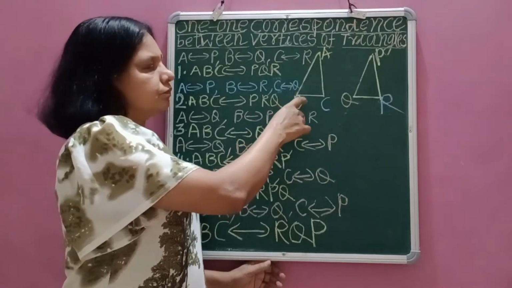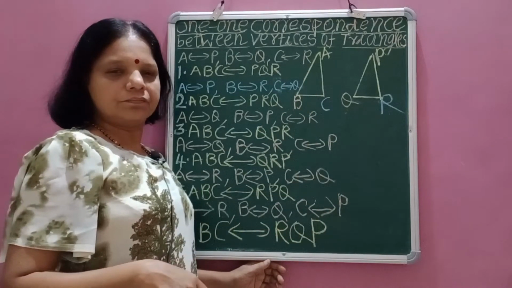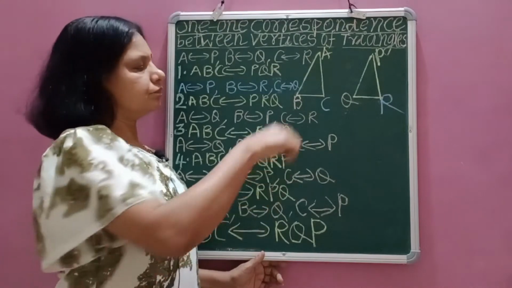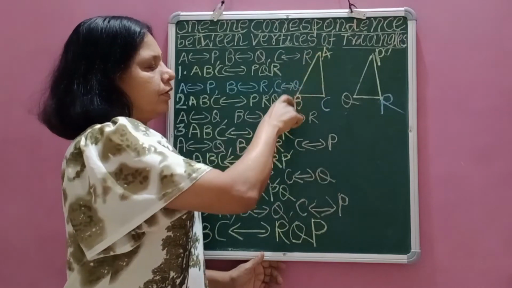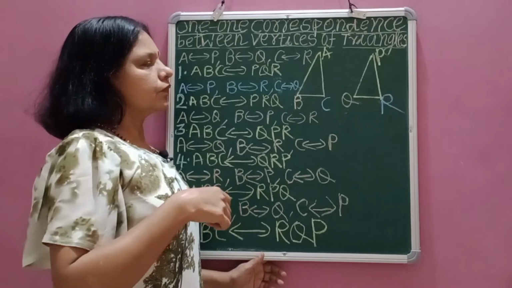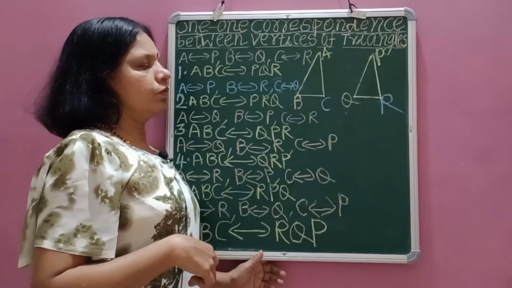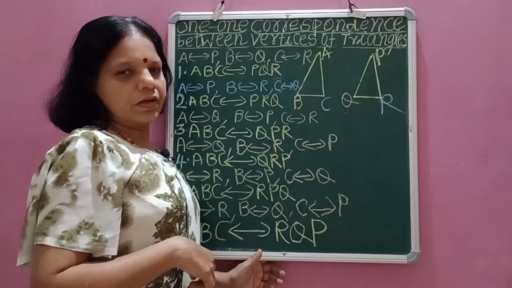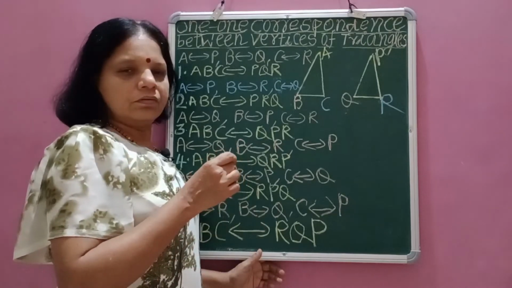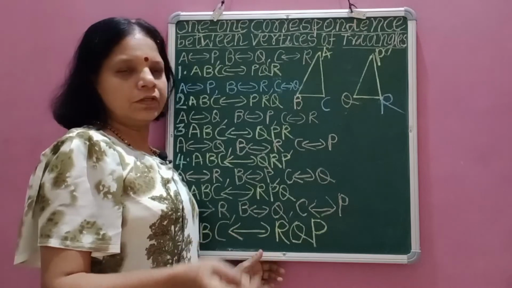For example, there is a triangle ABC and triangle PQR. The vertices of triangle ABC are point A, point B, point C. The vertices of triangle PQR are point P, point Q and point R. How are the vertices of triangle ABC related to the vertices of triangle PQR?